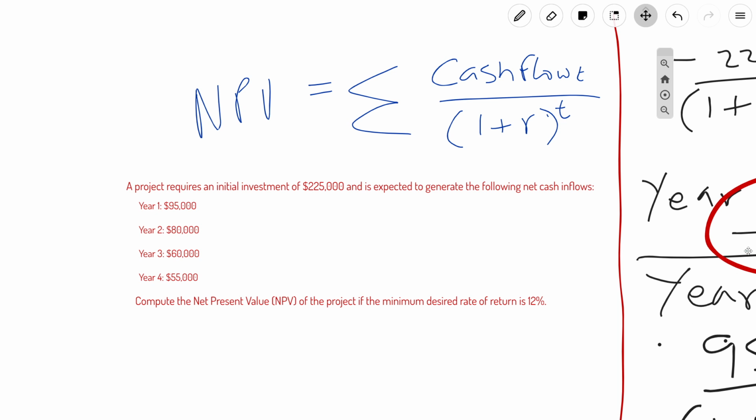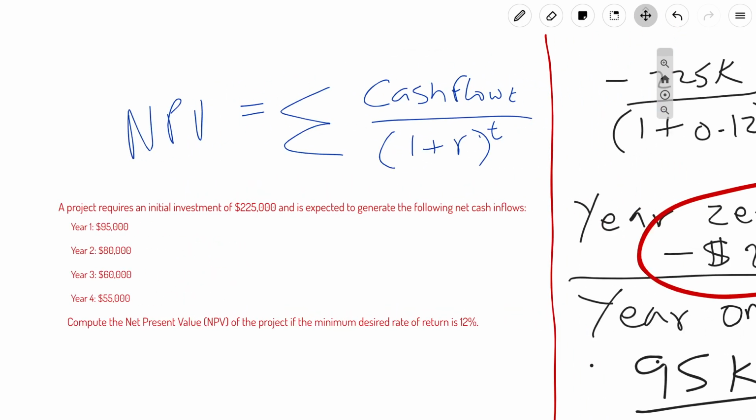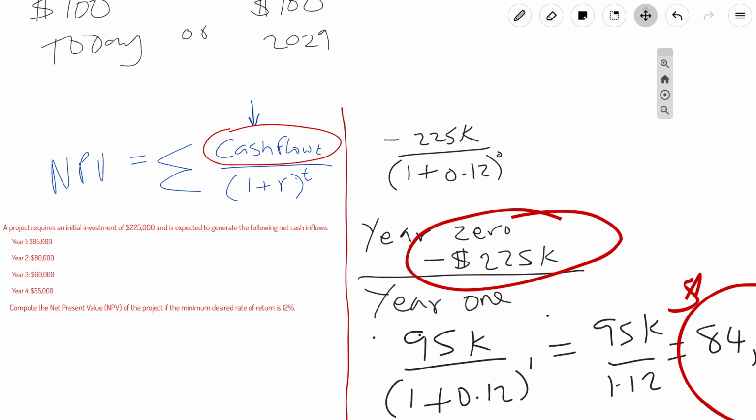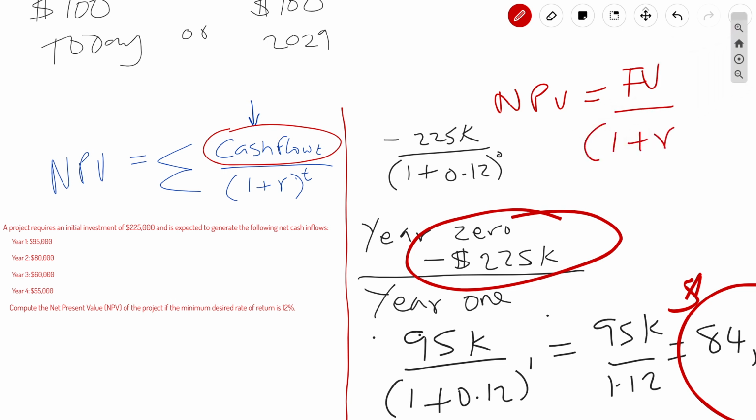Now, bear in mind, this right here, you could look at this as future money coming in, future value, right? So if you were going to rewrite this formula in the context of future value, just in case you ever get something like that, you could say net present value is equal to the future value, which really refers to those cash flows, divided by 1 plus the discount rate to the power of t, where t is time, or to the power of n, where n is a number of years, right?